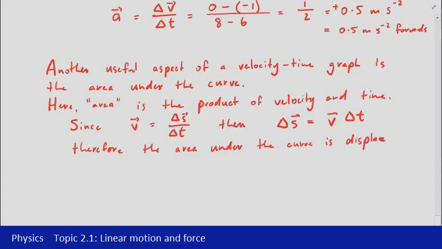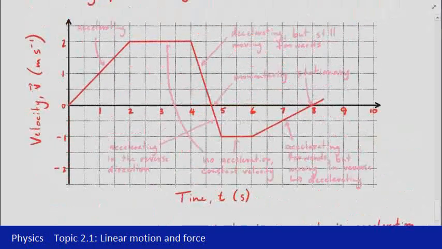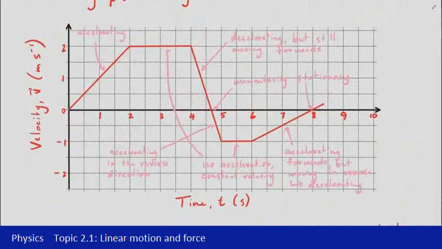Now to explain that in a little bit more detail, let's go back to the graph and we'll pick a time. Let's say we're looking at what happened, the displacement after 3 seconds. So we're looking at the area that's bounded by the graph, the horizontal axis, and a time of 3 seconds. Now all we need to do here is just a little bit of geometry.